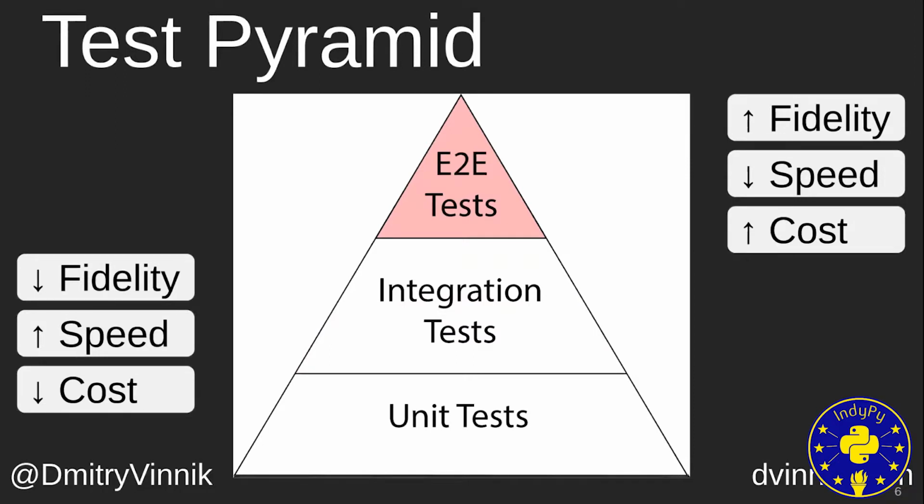That's why it's the top of the pyramid, because you're supposed to have a very small number of those, since you're going to have only a very few real use cases. That's where you're writing your end-to-end tests for the real use cases, the main flows that your customer is going through. That's why this level gives you the highest fidelity, because it's real use cases automated.